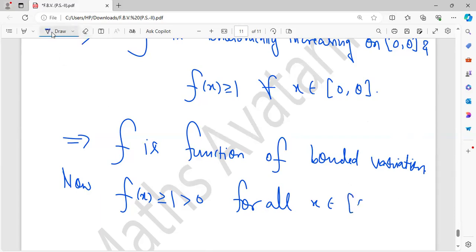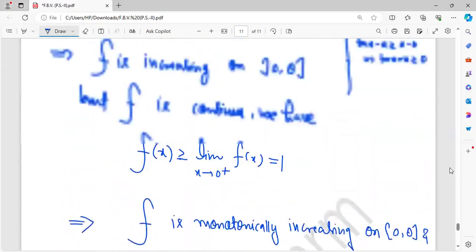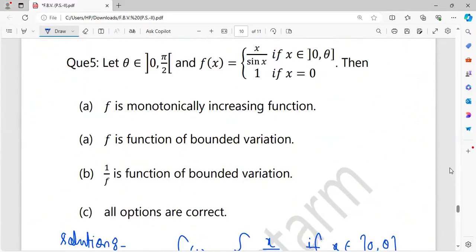Here k is equal to 1. So we have three conclusions: f is monotonic, f is a function of bounded variation, and 1 upon f is also a function of bounded variation.